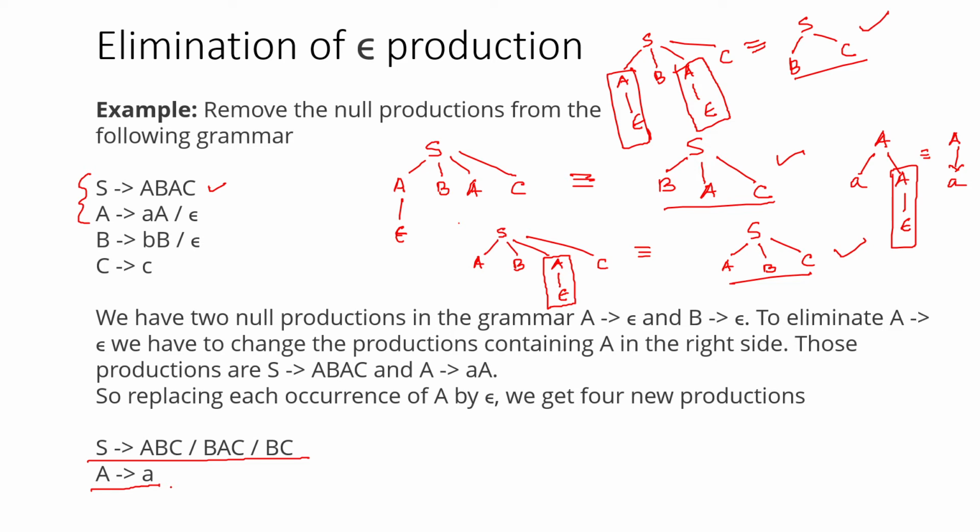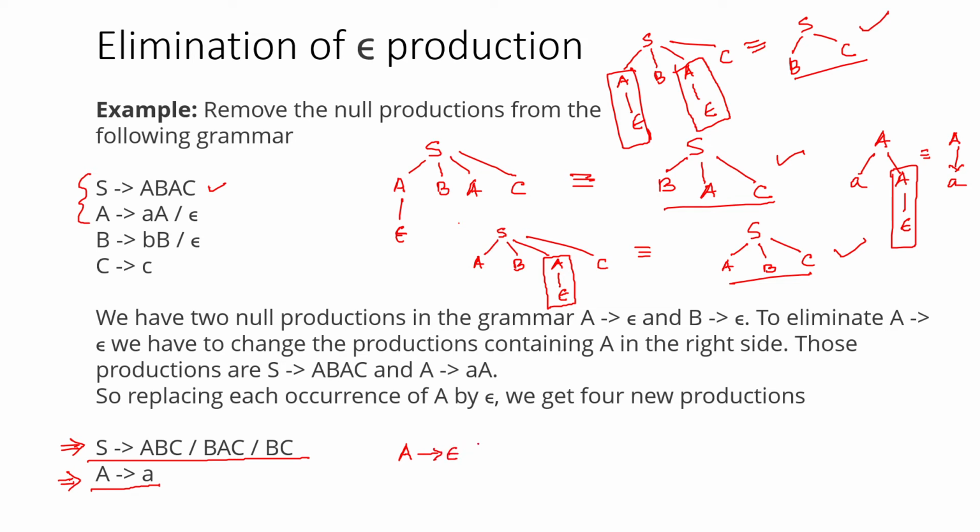So that means the production rule of S can be modified to this, and the production rule of A can be modified to this, assuming A goes to epsilon.